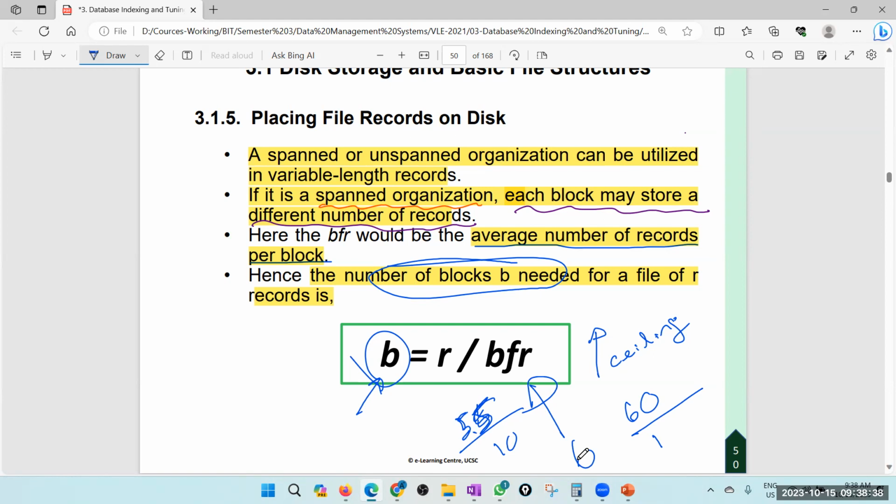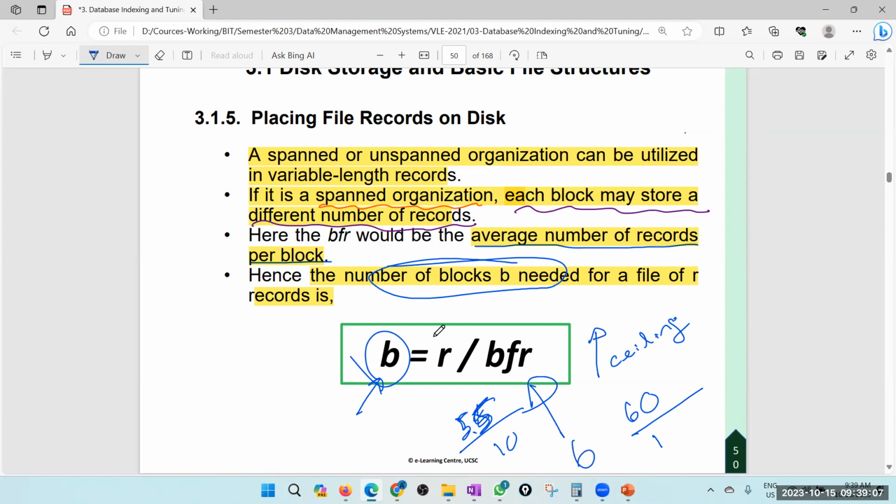So the block factor is the number of records per block, that is block size divided by record size, but you have to floor it because it is unspanned. The number of blocks needed is the number of records divided by the block factor, and there you have to ceiling it, because if I say I need 1.2 blocks, we just say we need 2 blocks.